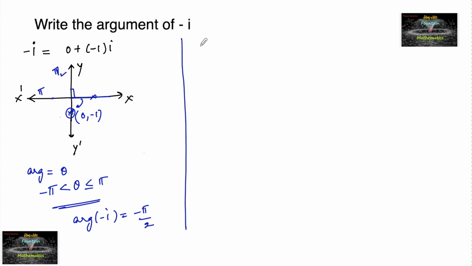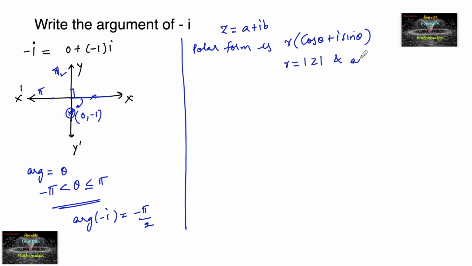Also this problem can be solved by using the polar form. The polar form of the complex number z equal to a plus ib is r of cos theta plus i sin theta, where theta is the argument, r is equal to mod z, and the argument of z is theta.